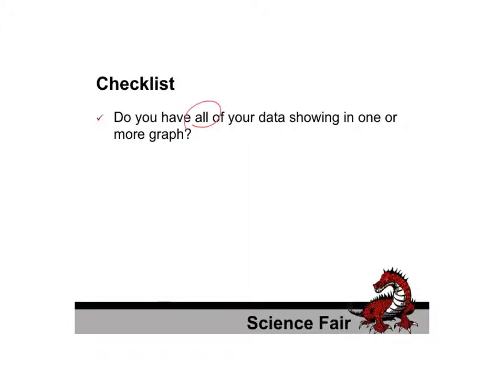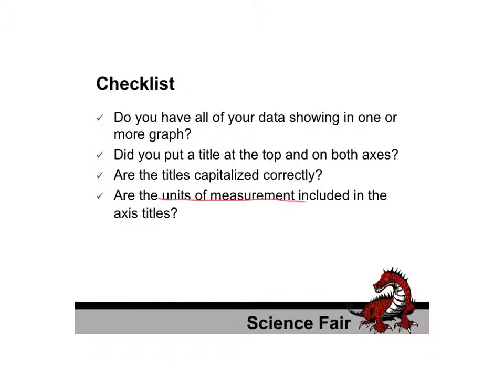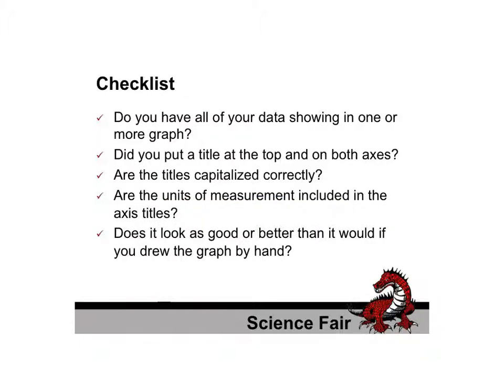Do you have all of your data showing in one or more graphs? Did you put a title at the top and on both axes? Are they capitalized? My pet peeve. Are the units of measurement included? Please, every time.